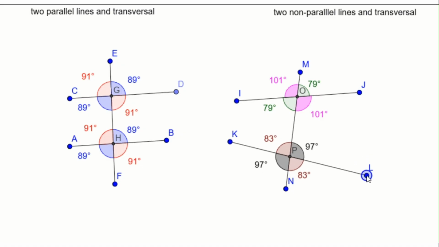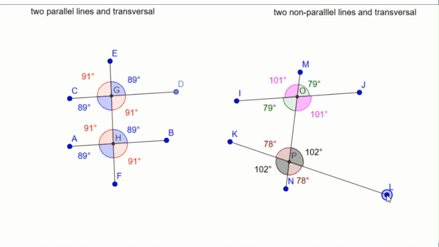It can be anything in the case of non-parallel lines, but one thing stays the same, that is the linear pair. Here is 79 degrees and here is 101 degrees, and the vertically opposite angle works separately, and the one below works separately. But in the case of parallel lines, both behave equally.